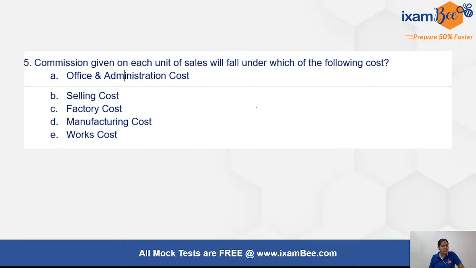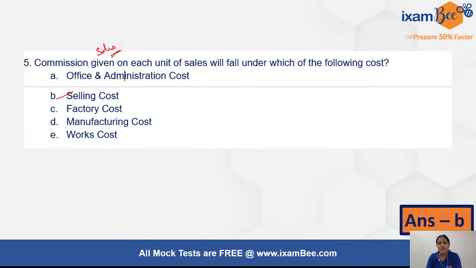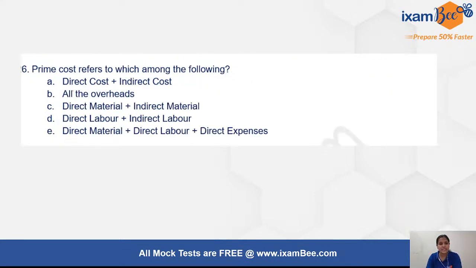We have to tell where the sales commission we are giving will fall. Very simple again, we are giving this under sales. Commission on sales is a part of promoting the sales figure, so it is related to your selling cost. The answer was there in the question itself. B is the correct answer, the selling cost.